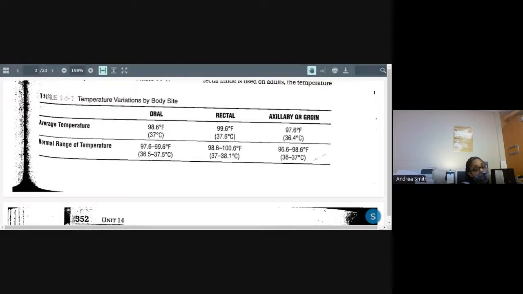So again, if you put them in order from least to greatest, it would be axillary or groin, oral, then rectal. But it's 97, 98.6, 99.6. You just have to remember which location is what.